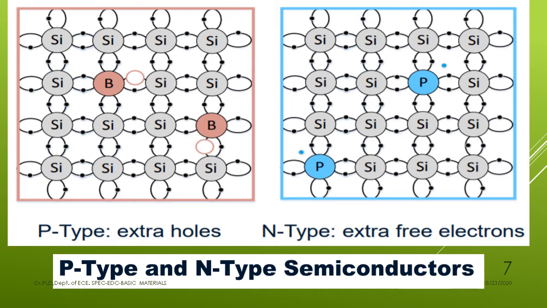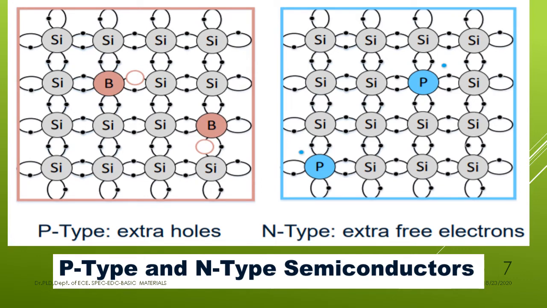That leads to P type. And here, out of 5 valence electrons, 4 electrons form covalent bonds with nearby atoms, and one more electron appears free from the structure. This blue color indicates the free electrons.